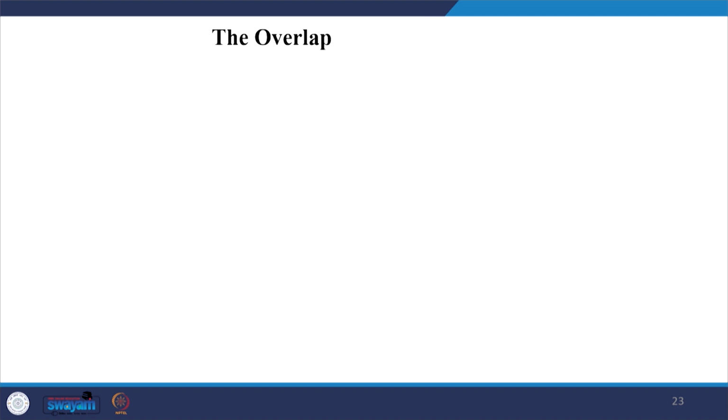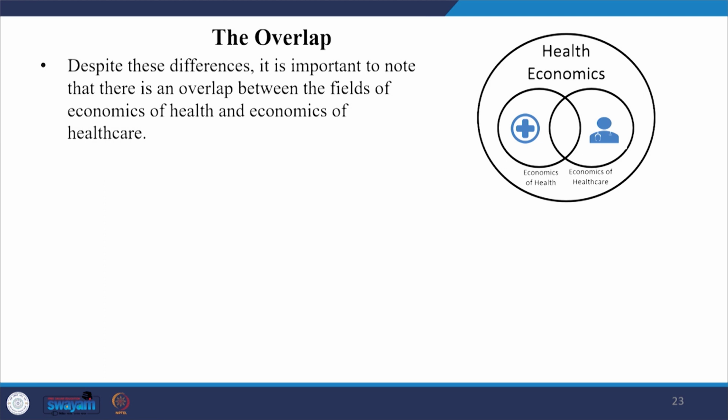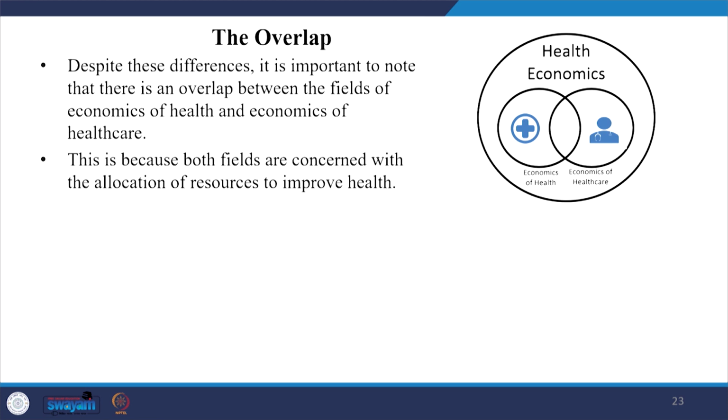It's not just the distinctions which are important, there are also overlaps between these two. It is important to note that there is an overlap, such as the allocation of resources to improve health, which concerns both approaches, the economics of health as well as the economics of healthcare.